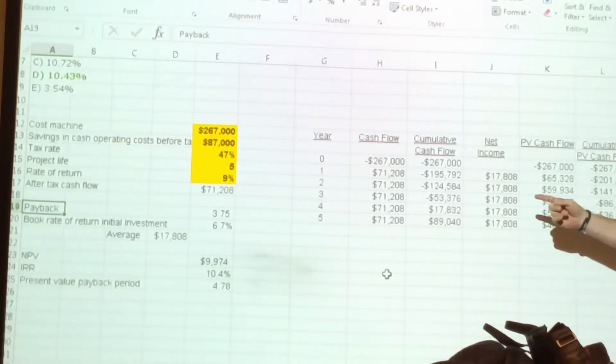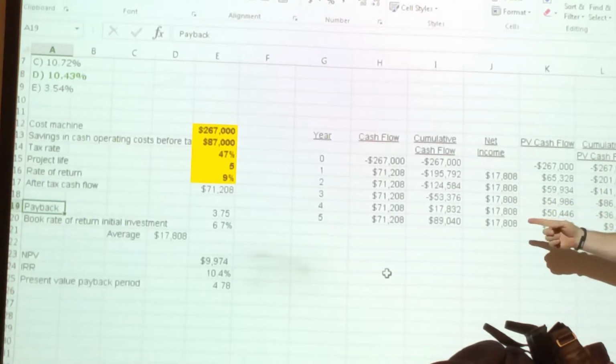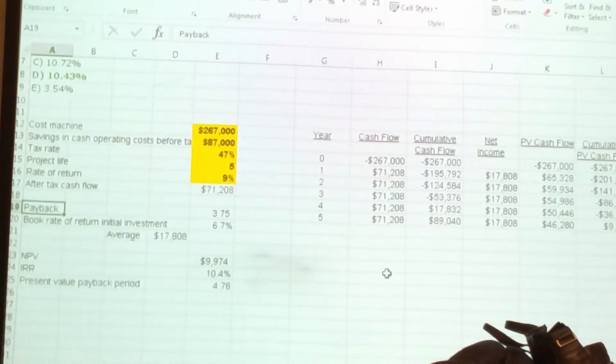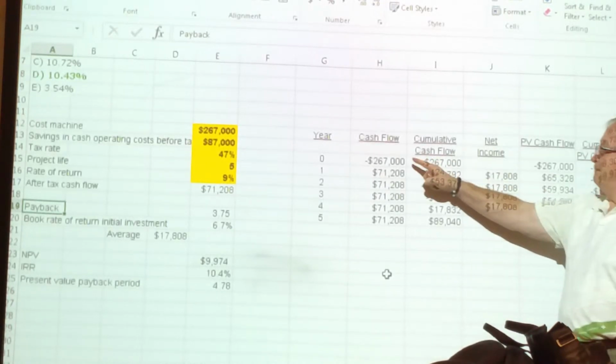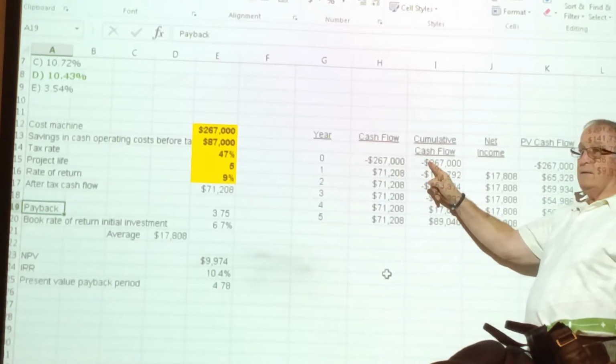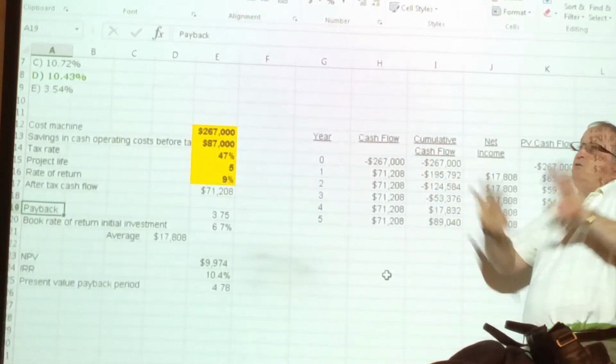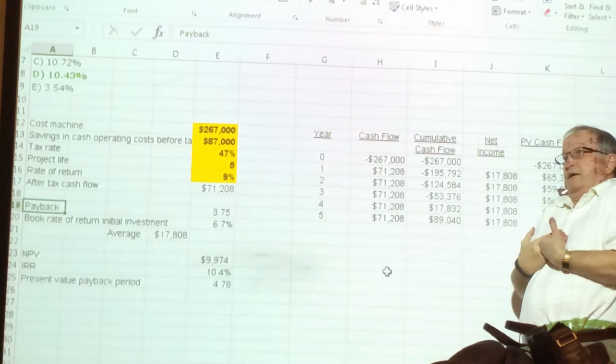For those that have that spreadsheet out, take a look at the piece of algebra. Okay? John? The initial cost of the investment over the life of the project. But I don't know how to do this, so I need you to tell me how to do it.